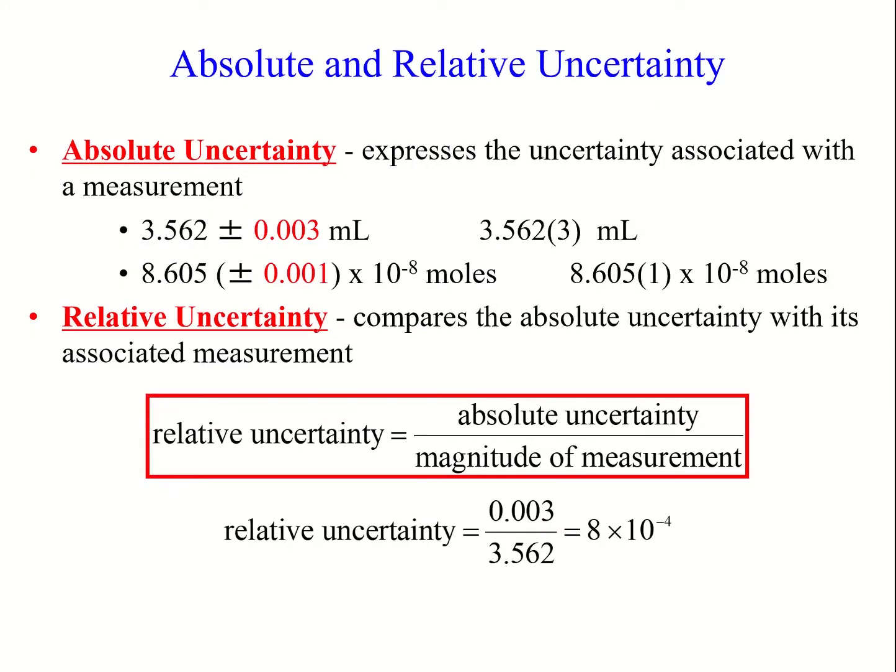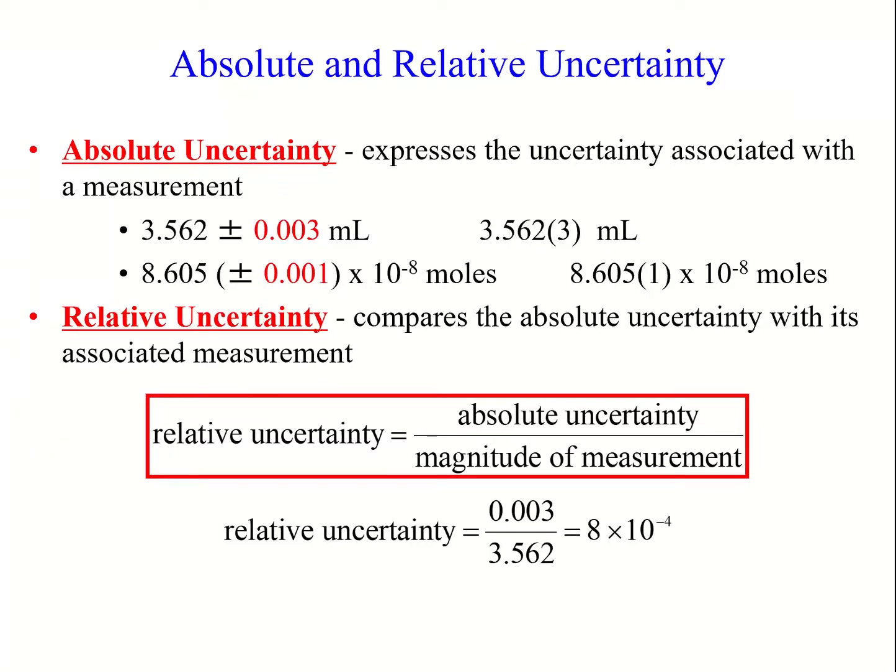Every measurement has some uncertainty, and there are two types of uncertainties: absolute uncertainty and relative uncertainty. Absolute uncertainty expresses the margin of uncertainty associated with a measurement.